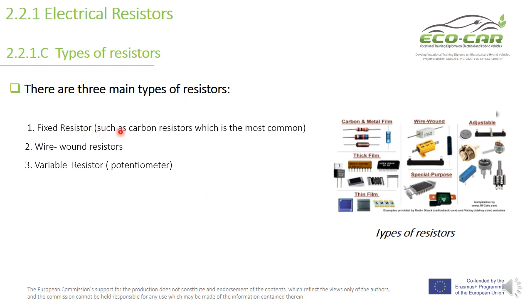Fixed resistors, as you see here, include carbon resistors and wire wound resistors, like these. Variable resistors, sometimes called potentiometers, like this, have three terminals.